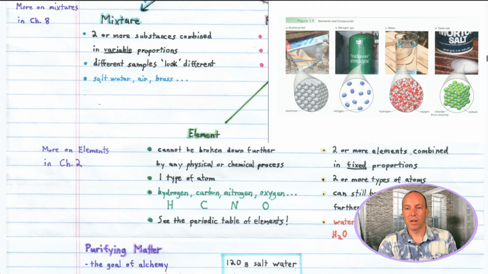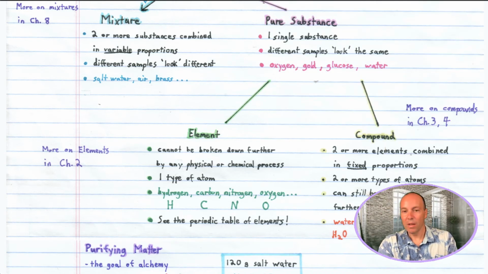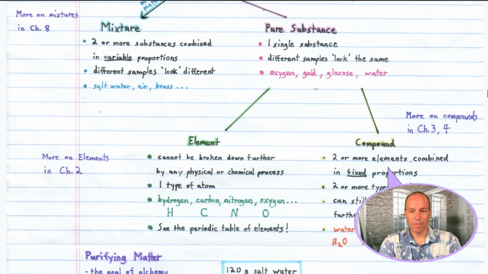So let's talk about compounds now. If you have a pure substance and it's not an element, then that means it's a compound. Compounds are two or more elements that are combined in fixed proportions. Don't get confused between the definition of mixture and compound. Let's go back and forth for a moment.